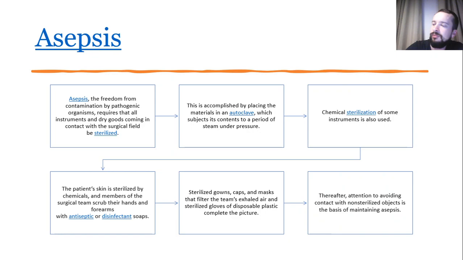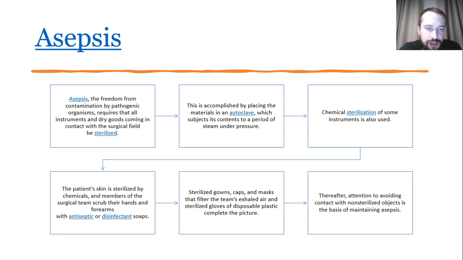Asepsis. The freedom from contamination by pathogenic organisms requires that all instruments and dry goods coming in contact with the surgical field be sterilized. This is accomplished by placing the materials in an autoclave, which subjects its contents to a period of steam under pressure. Chemical sterilization of some instruments is also used.